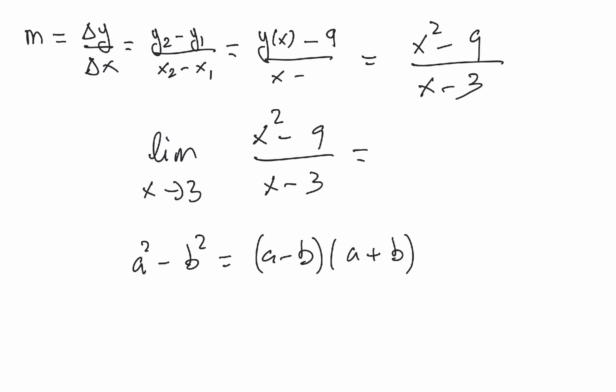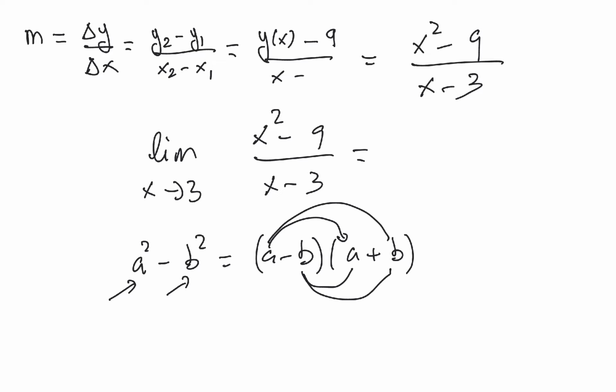You can check this equation: a squared, a by b, minus b by a, which cancels with the a by b, minus b squared. This will be a squared minus b squared.